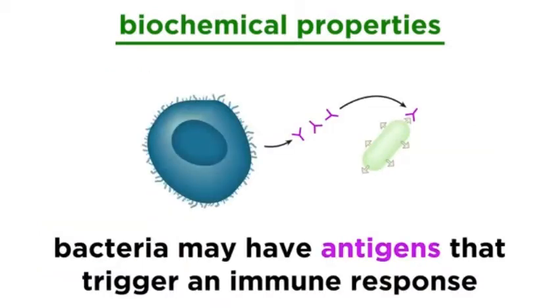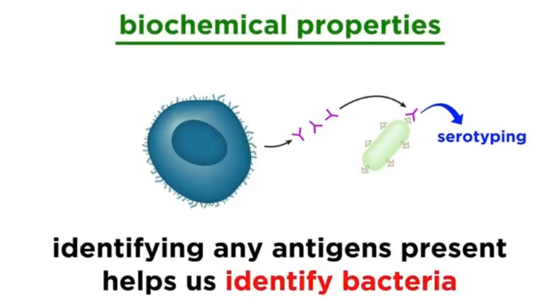Many bacteria also possess antigens, which might be a toxin or other substance that triggers an immune response in the body. Grouping bacteria based on these antigens is called serotyping. Using serotyping, scientists can work backwards using antibodies to detect which antigens are present, thus allowing them to narrow down the bacterial possibilities.